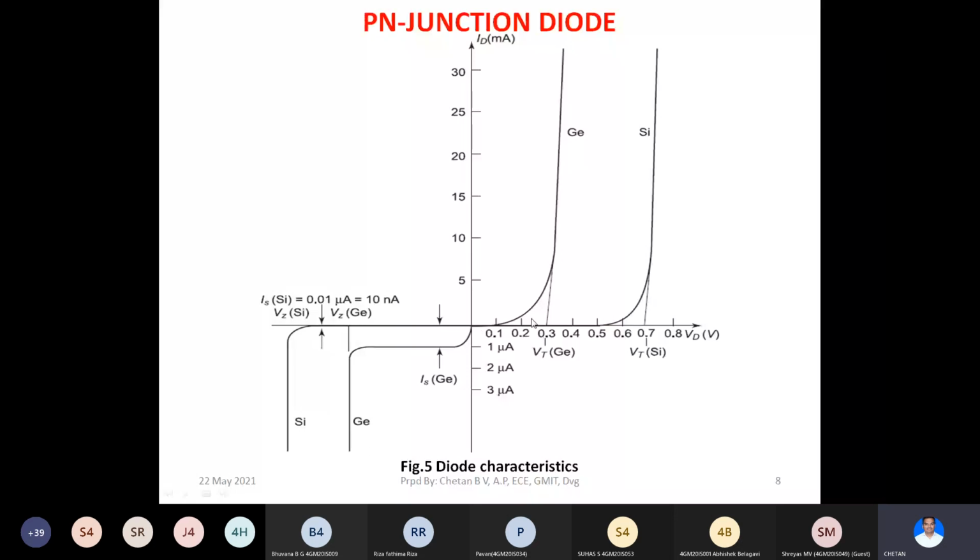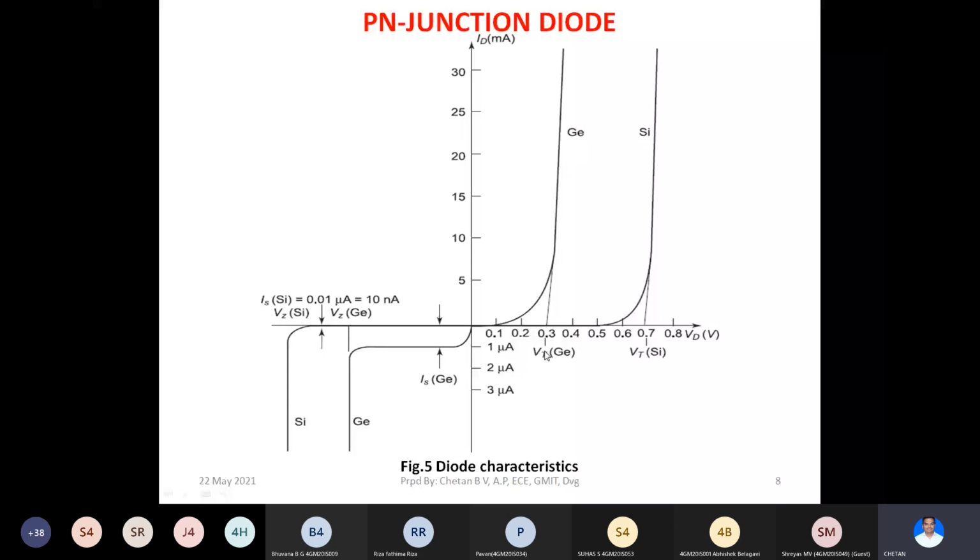After this V_T, if you increase the voltage, there is a large or rapid increase in current. This region is called the knee region of the curve, and the voltage after which it breaks down is called the knee voltage, or the threshold voltage. It is around 0.3 volt for germanium.